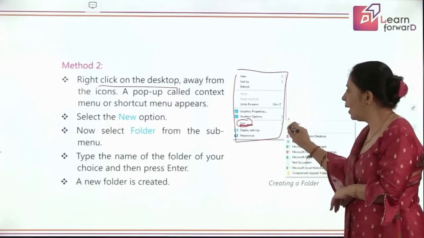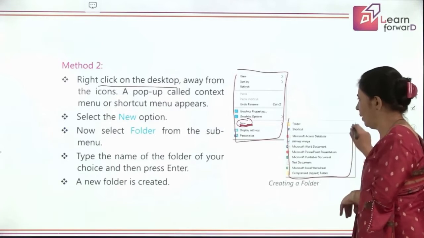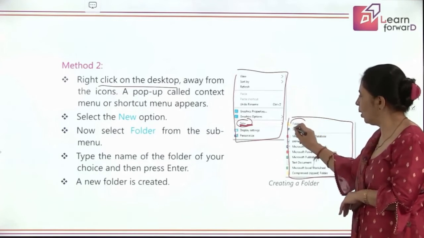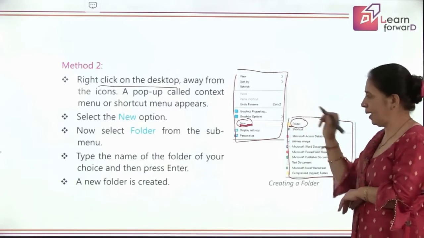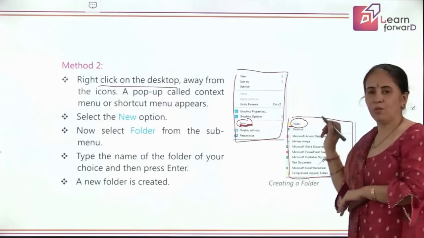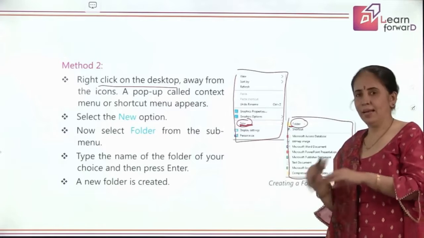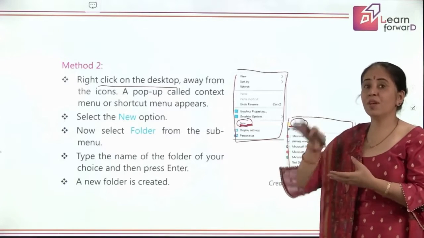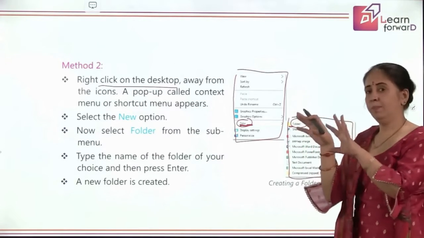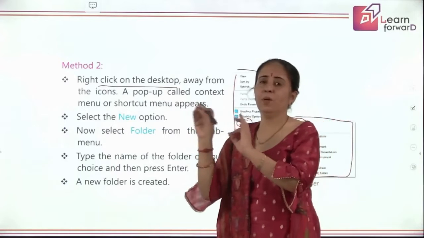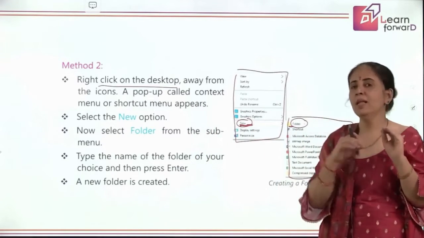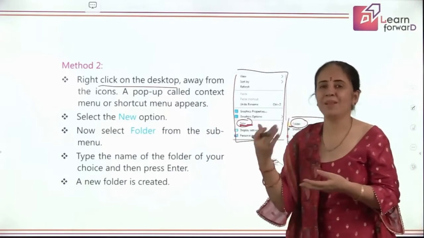Another drop down will appear, and here you get an option with this yellow color icon. You click on Folder and a folder is created, right? Later we'll be learning how to rename this folder. The first folder is created showing the name Folder 1, and then we'll learn how to rename it.